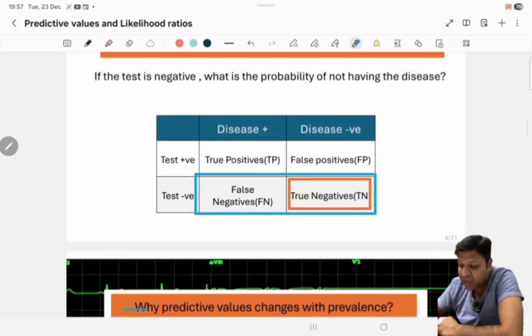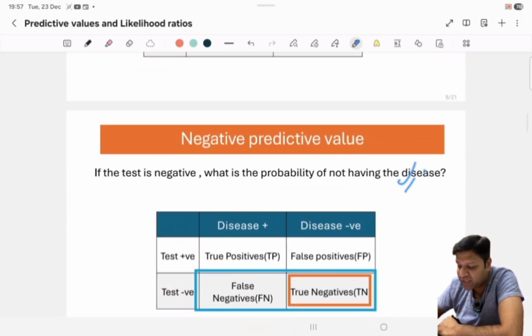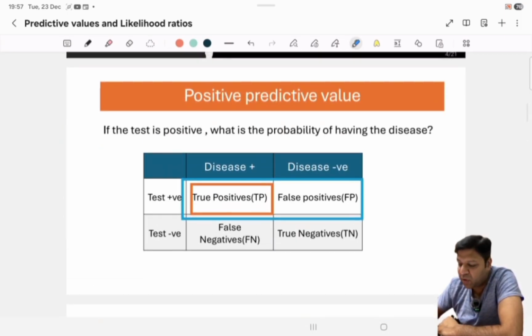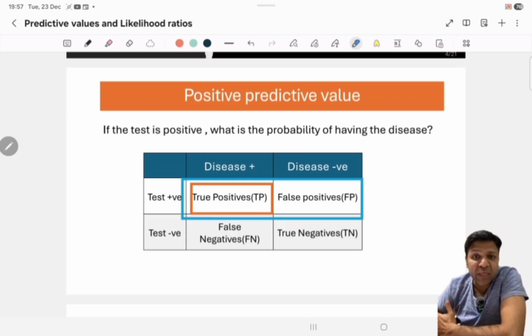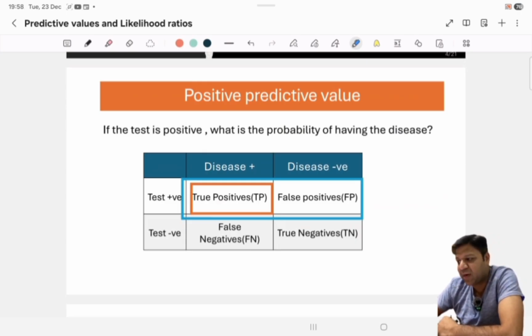So that is why the predictive value, the probability of having the disease if the test is positive, depends on the prevalence, on the pre-test probability. Pre-test probability is a technical, statistical term for prevalence. We will discuss this again. So positive predictive value depends on the prevalence of the disease itself.